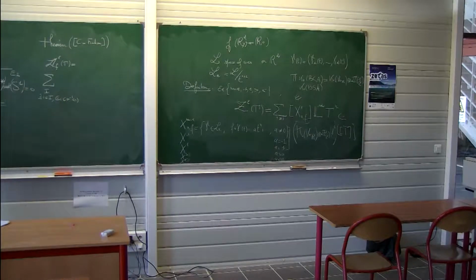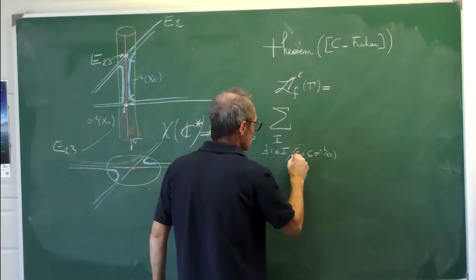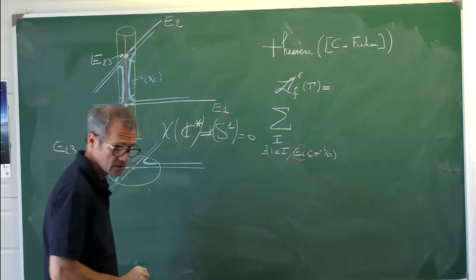So in short, I consider all strata in the stratification of the preimage of 0 by sigma, the red strata. So those strata are the red strata. So I take the sum.